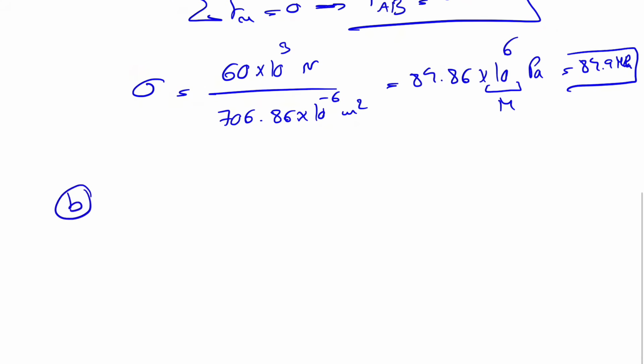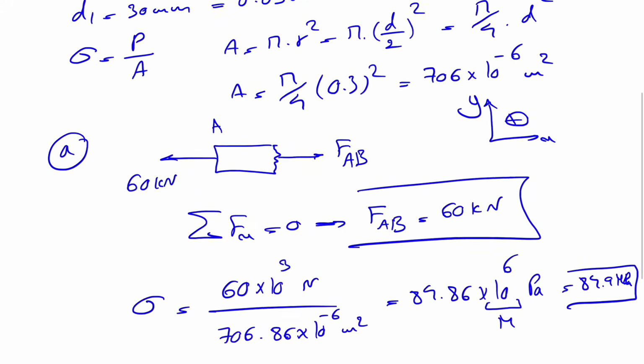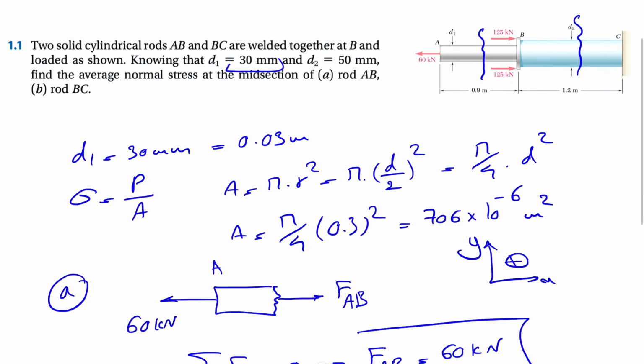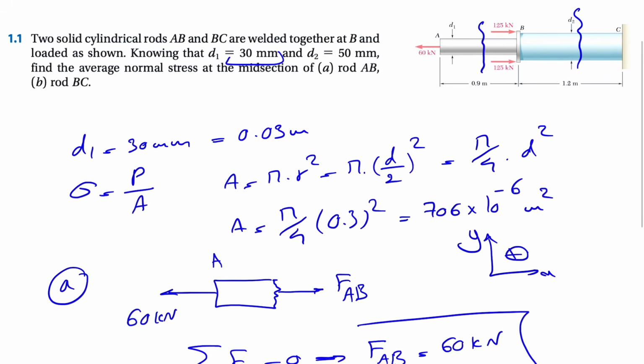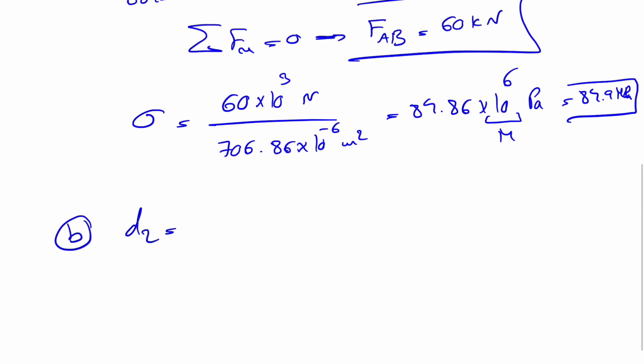In the B part, we have to go with the midsection of member BC, but let's find the area first. The diameter, which we call D2 in the question, is 50 millimeters this time. Again we need to do the unit conversion: 50 millimeters divided by 1000 is 0.05 meters.